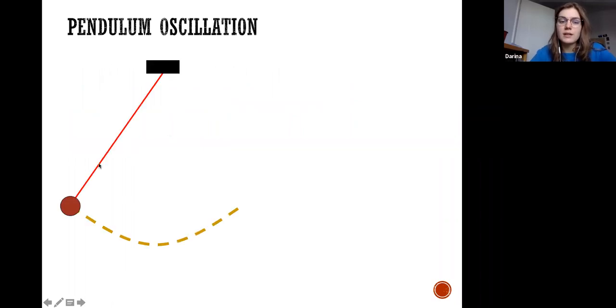When the pendulum is in this location, can anyone tell me what's happening to the GPE and what's happening to the KE? Which one is at its maximum? So actually, let me give you an example. So at this end, the pendulum has maximum kinetic energy or minimum kinetic energy. What do you think? Maximum or minimum kinetic energy?